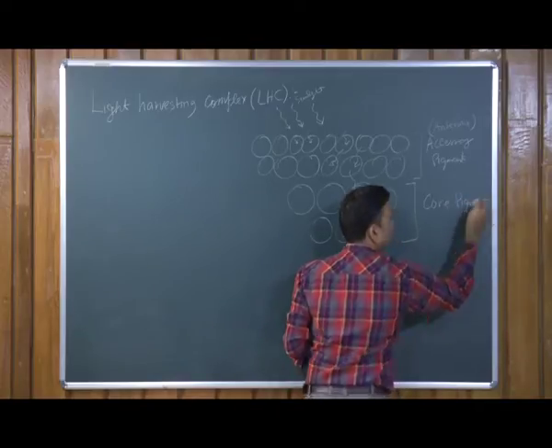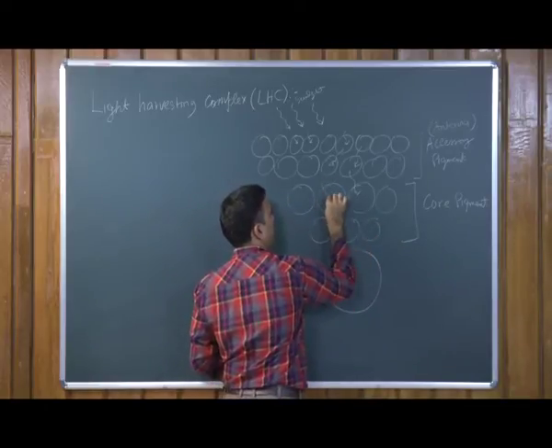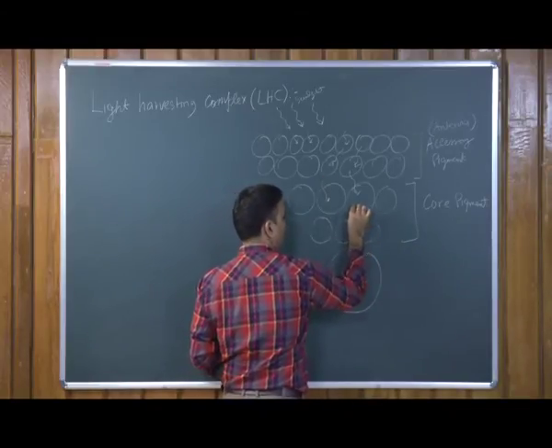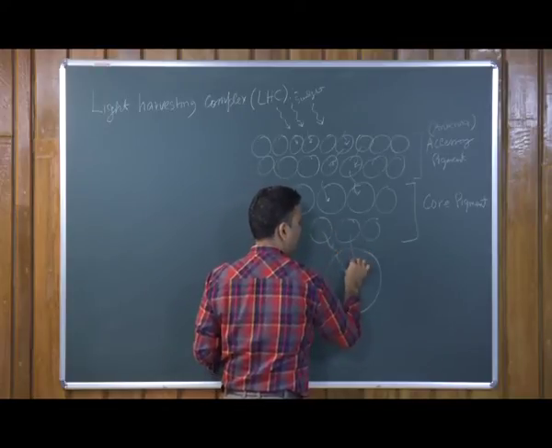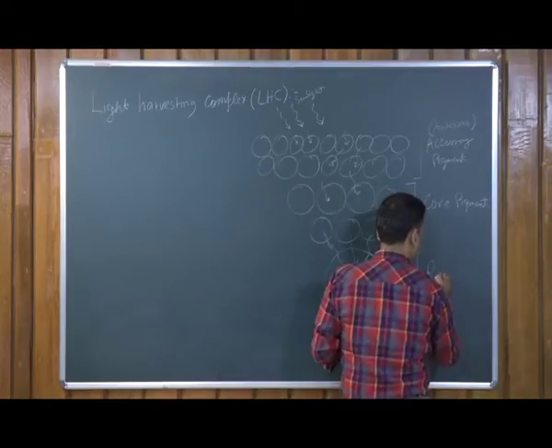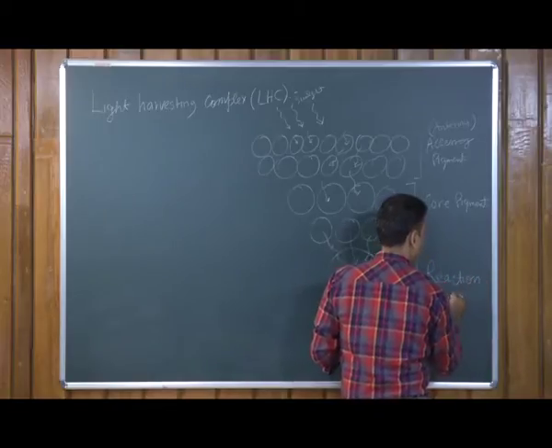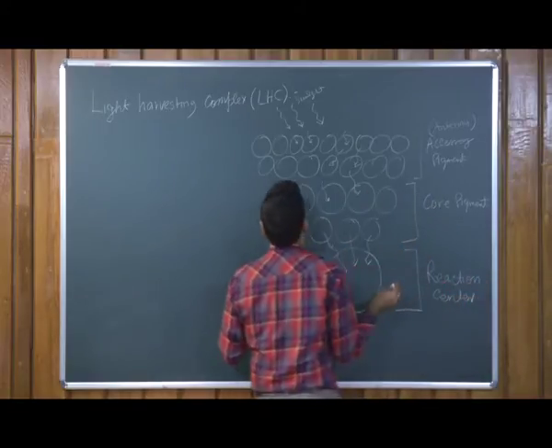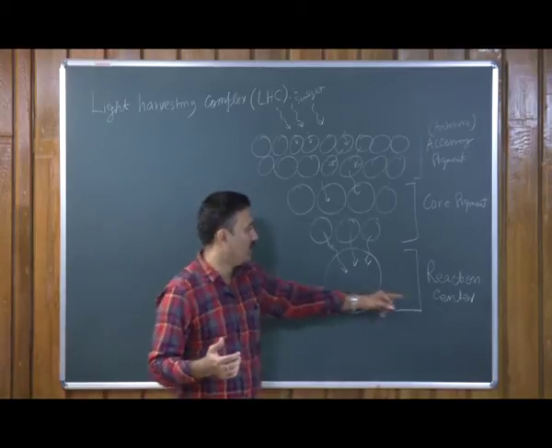These core pigments receive this energy, and ultimately they transfer it to the photo center or the reaction center. If you remember our discussion about chlorophyll, we have two reaction centers.